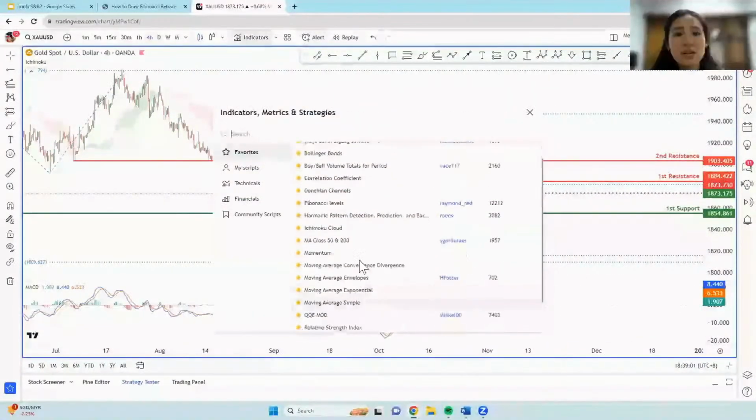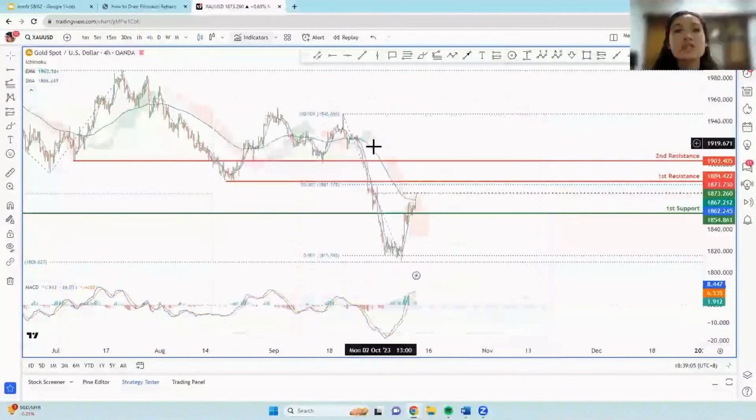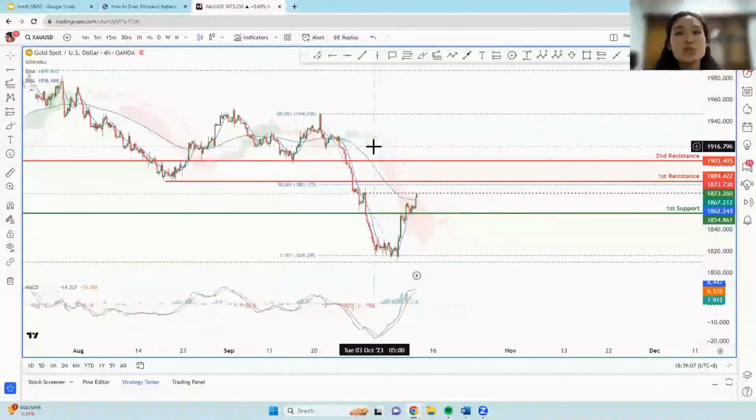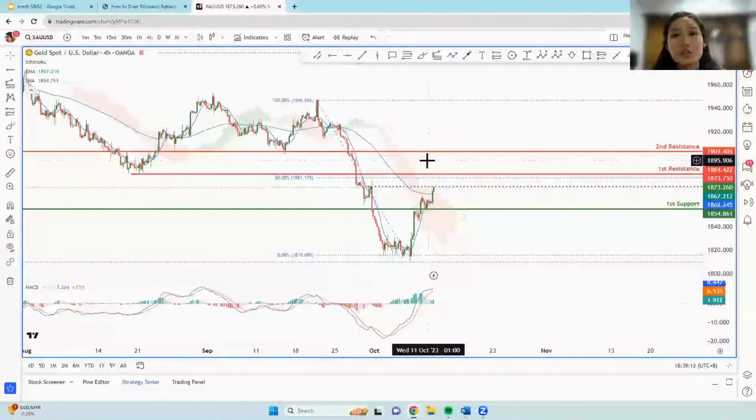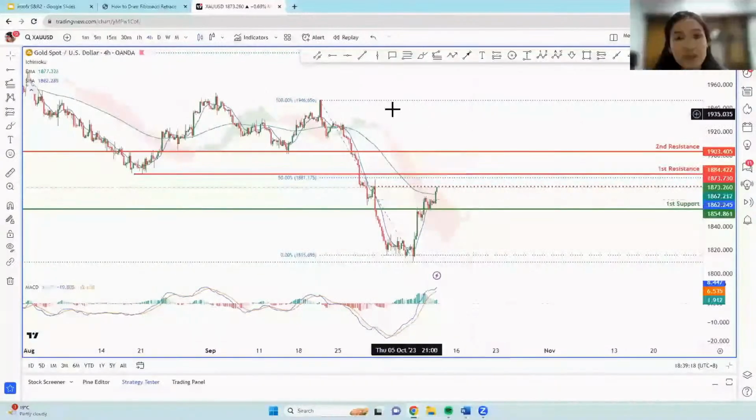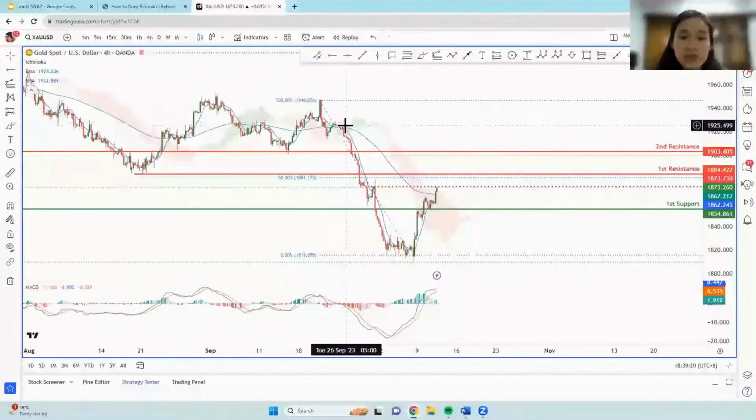Now let me pull out my exponential and simple moving averages. I like to use these two because not only can I check each indicator at the same time, but also when there is a crossover, that typically suggests that the trend is reversing, or that the trend is changing.